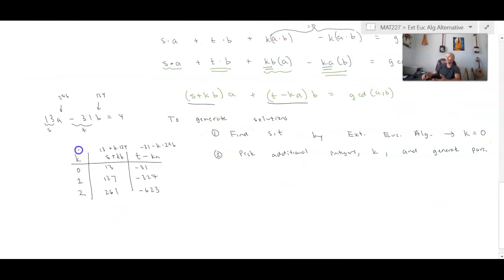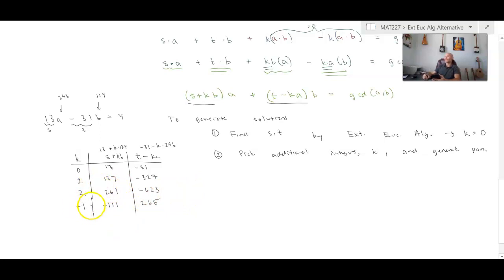Now the beauty of this is I could pick any value of k. There are infinitely many, and remember k is an integer, so k could actually be negative 1. Okay, if k is negative 1, then I'll have 13 plus negative 1 times 124. That will give me negative 111. And negative 31 minus negative 1 times 296 will give me 265.